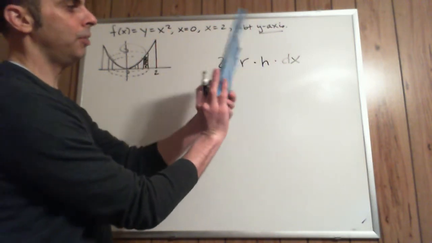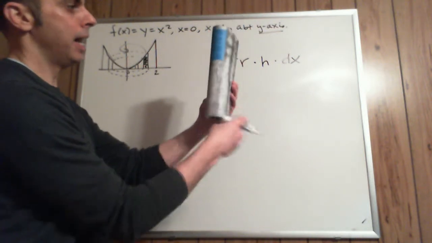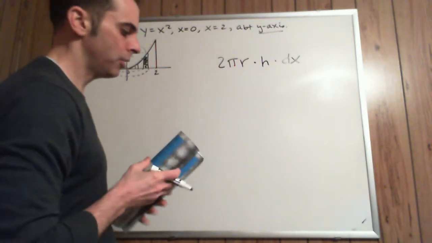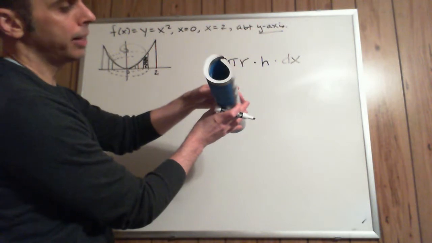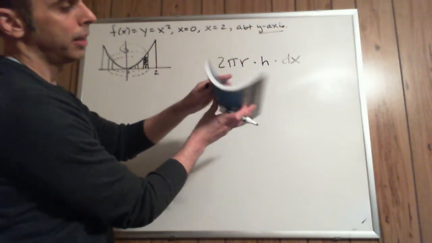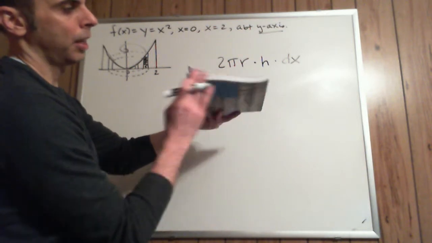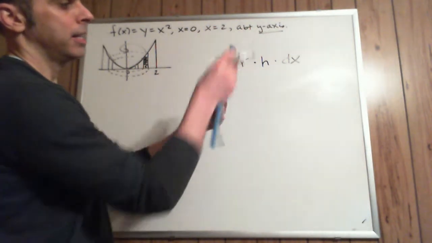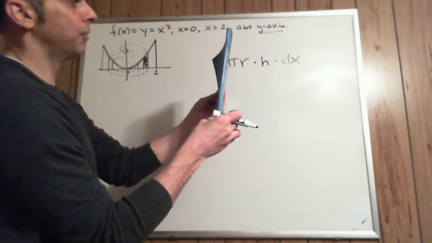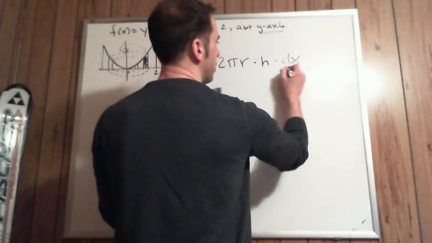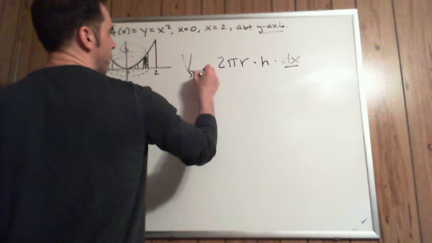When I revolve that one rectangle about the y-axis, I end up with a cylinder here, and the distance around that is 2 pi r. That corresponds to this dimension in my rectangle. The height is the height of the rectangle, and the width is the difference in the x's, right here. So this is the volume by shell then.